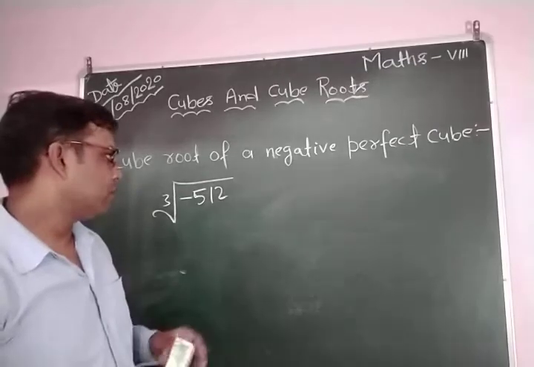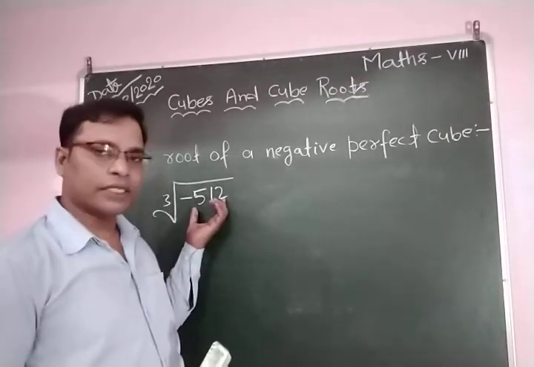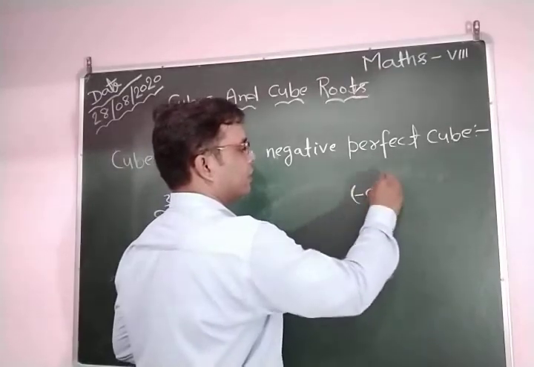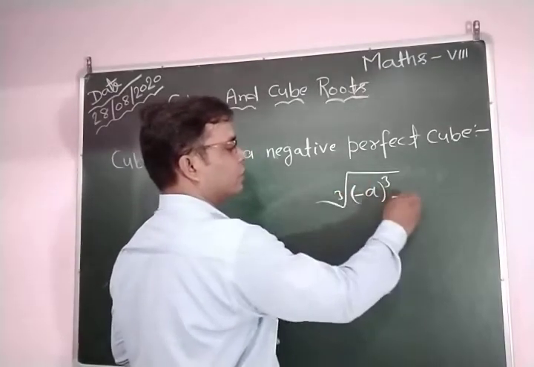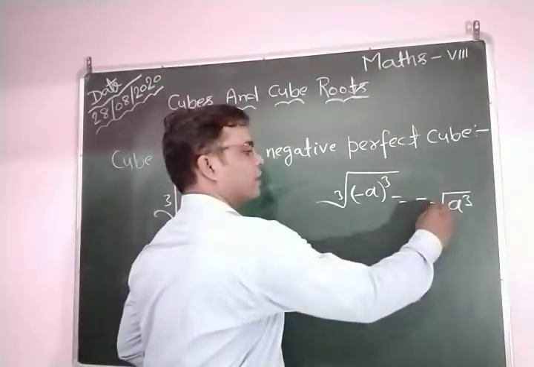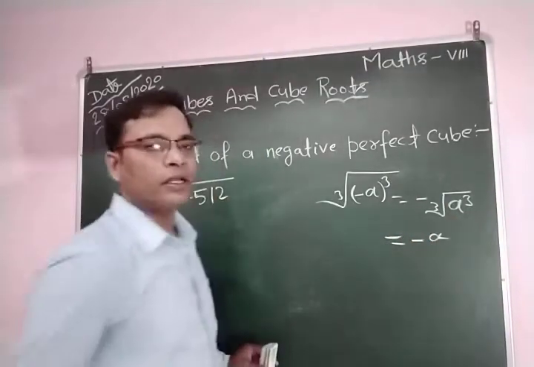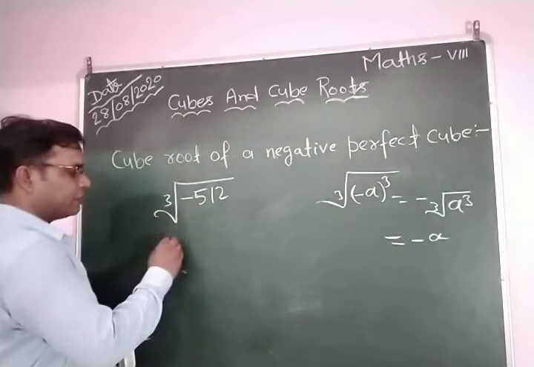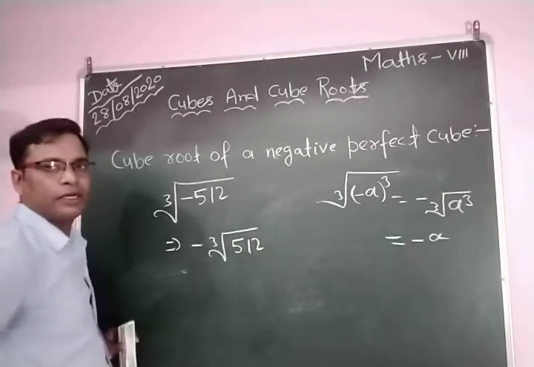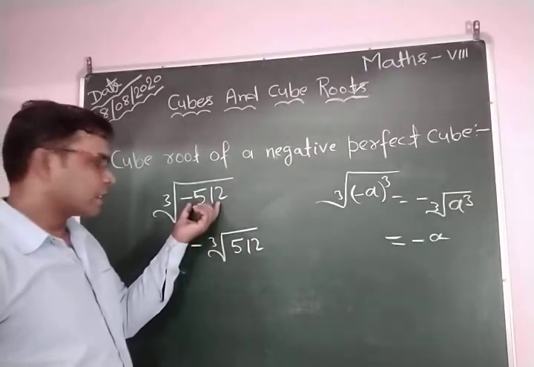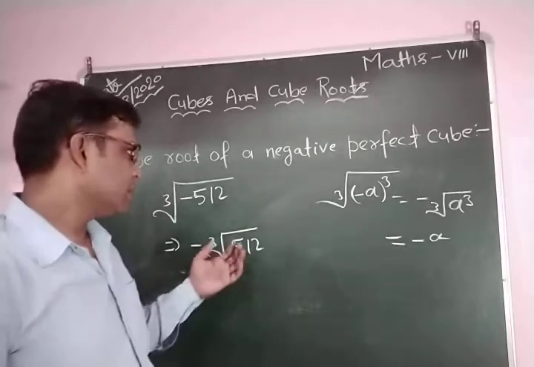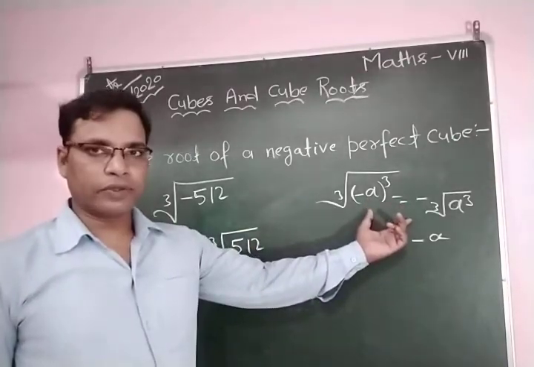First, we take the minus out of the cube, because minus into minus into minus, three times, becomes again minus. So we write it as minus of the cube root of 512.